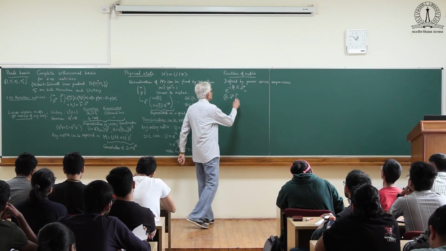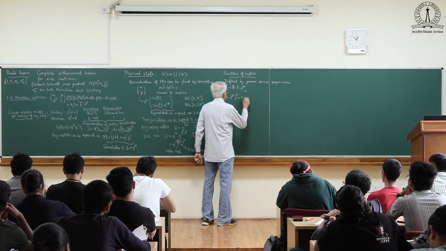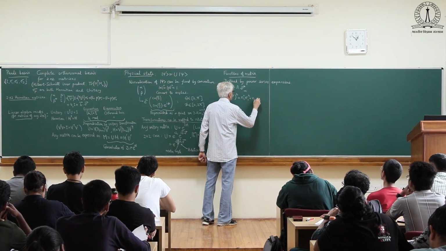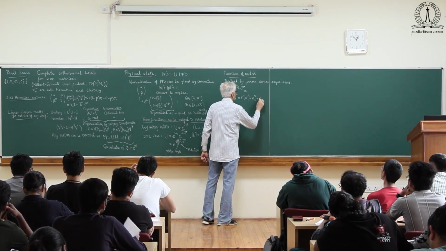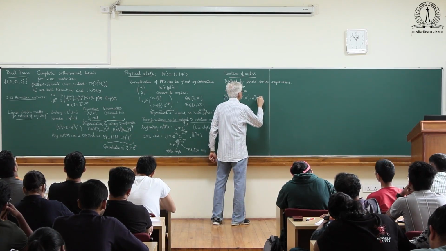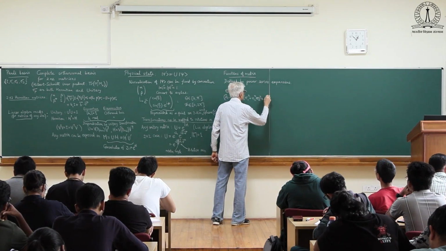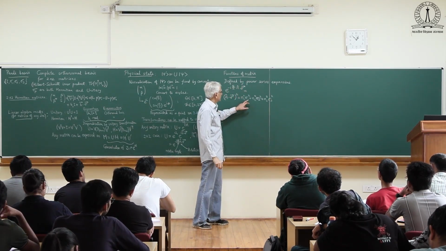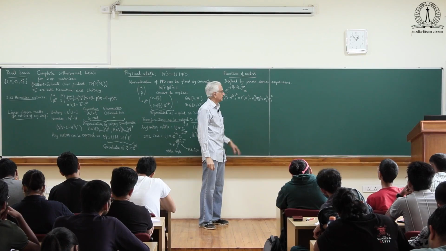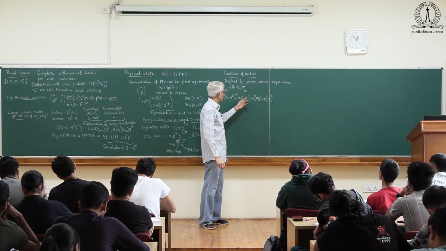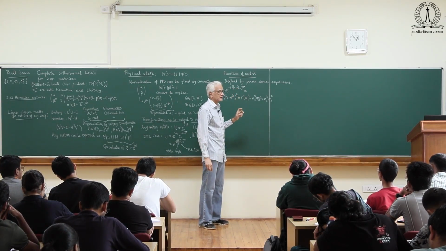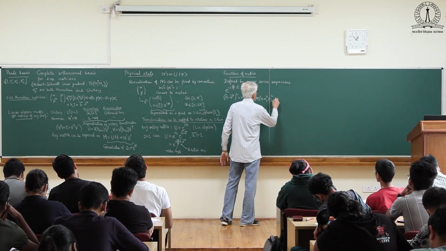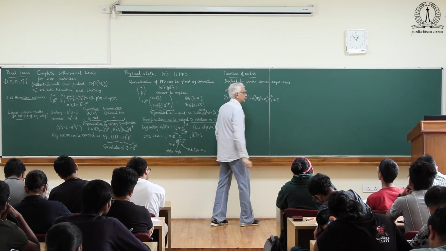So if you do this, you will just get these all things are 1, and n1 square, n2 square, n3 square, they are components of a unit vector, so that is equal to 1 as well. So this is equal to identity.